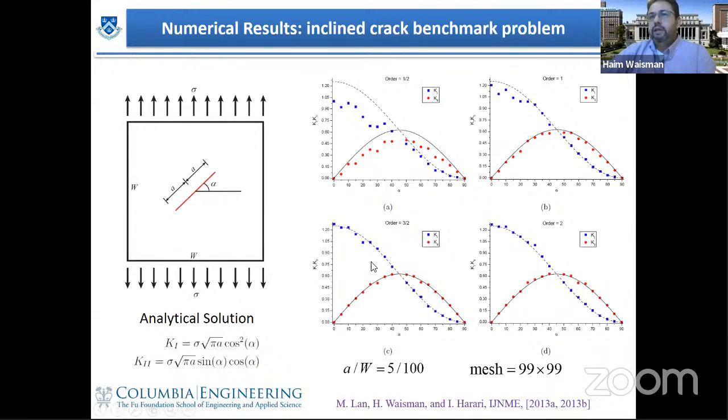The difference between each of the 4 graphs is the order of enrichment functions that we are taking in our analysis. If we only consider the leading square root R term, you see that it deviates from the exact solution. But as you go to higher orders, you automatically recover the exact solution. Again, there's no need to do any projection or smoothing steps in this case.